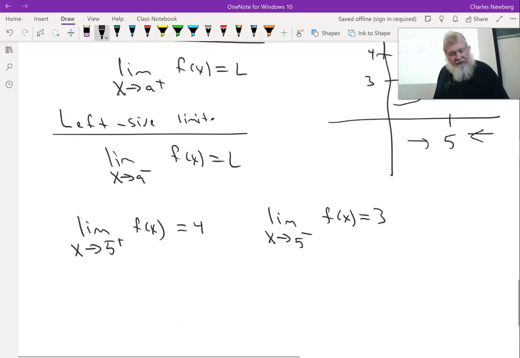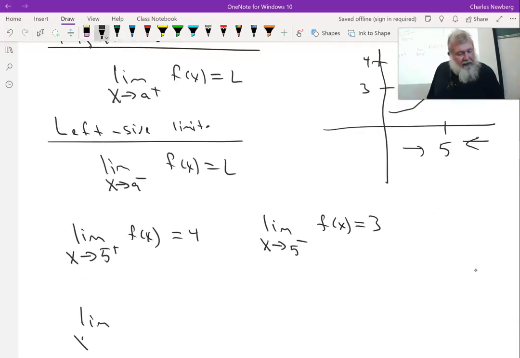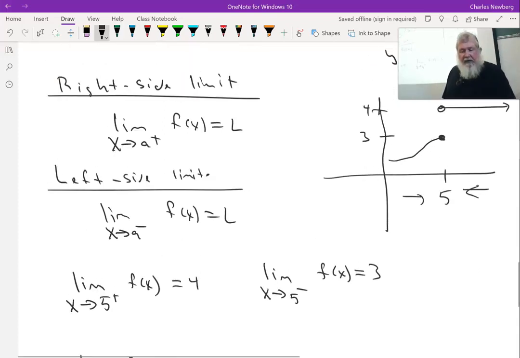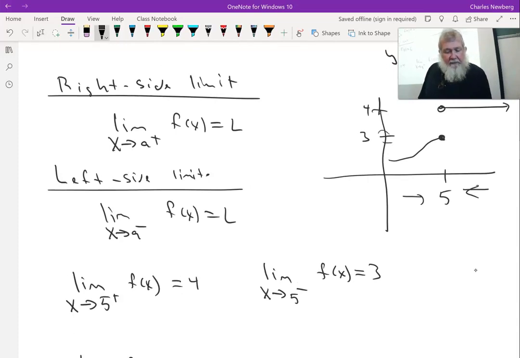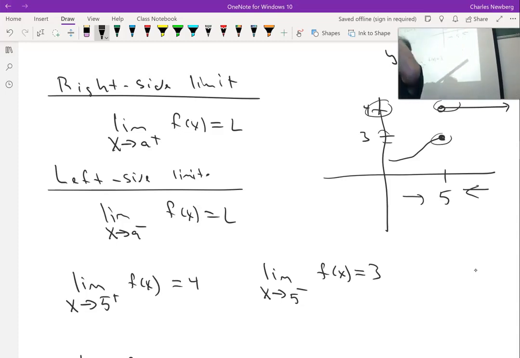But if we were to ask you about the limit as x approaches 5 of f of x, well, what's the problem? If you say it's 3, those are outside that value. If you say it's 4, those are outside that value. Because one side is going to 3, one side is going to 4, and you can't get 3 and 4 close enough to be the same number because they differ by 1.